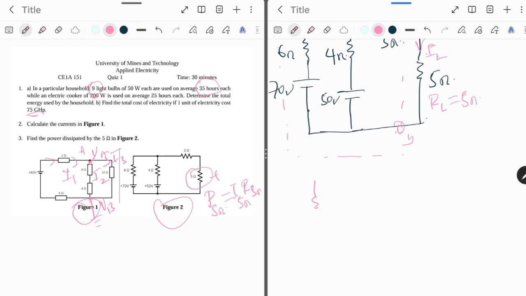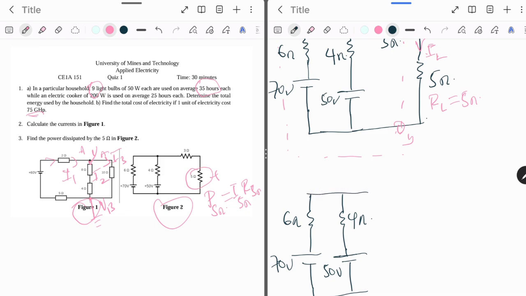So we have this. Let me use a different color. Six ohms here, 4 ohms, then here 60 volts, and here 50 volts, and I'm going to have my 3 ohms.